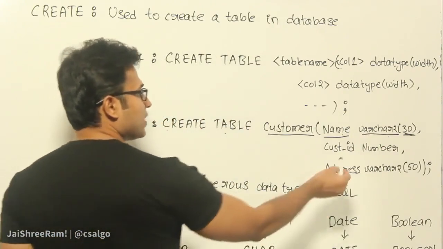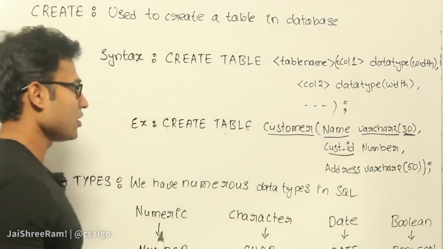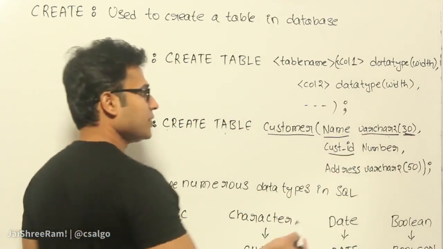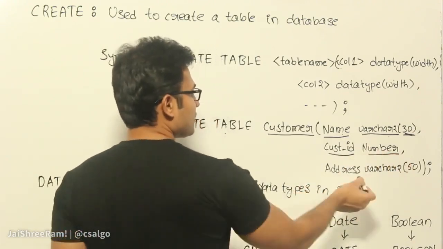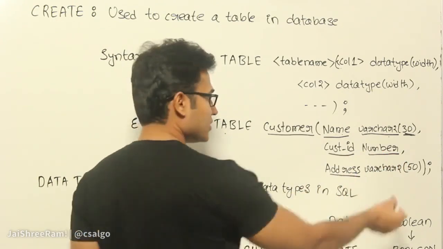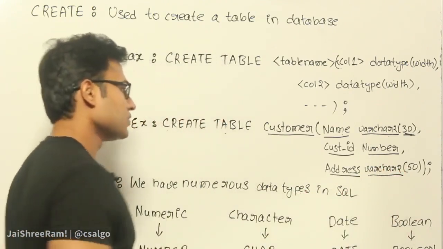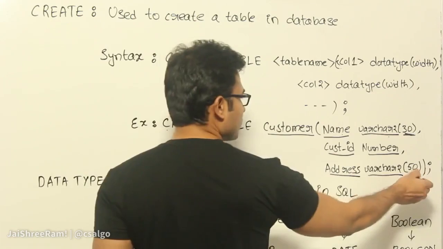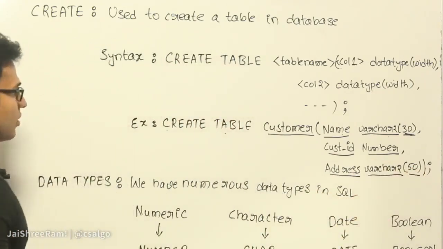And the next one is customer ID. It means that the customer ID is a column, which means one attribute, and generally customer IDs will be numbers. That is why the data type we are using is a number. And the next one is address. Now address is also a kind of text. That is why we are using characters to save it. So varchar is a data type which is used to save it, and we are allocating 50 characters to store the address. Got it?